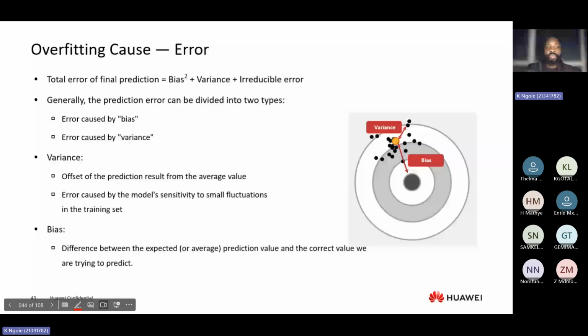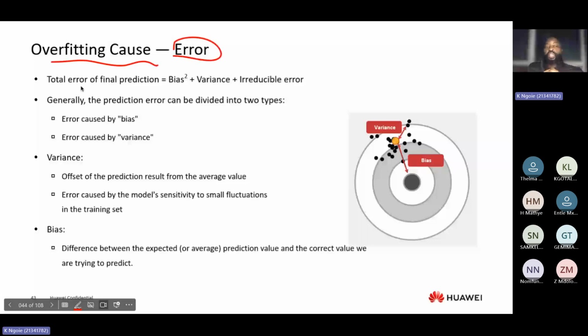Good. So remember now, the key with machine learning will be to try and reduce the error. The more we reduce the error, the more accurate our system becomes. So what can cause an overfitting problem? Remember, this is an error that we're trying to avoid.